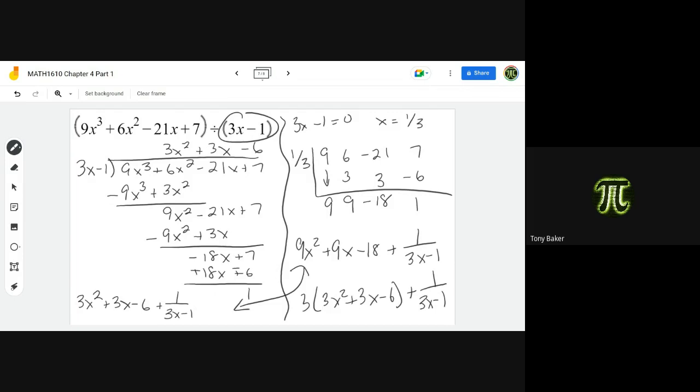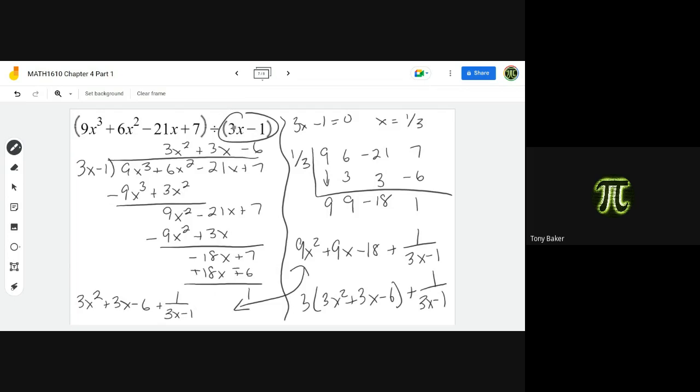So 3x minus 1 is actually the same as x minus 1/3. But when you're dividing them, the 3 isn't in front. So it changes the quotient a little bit, but it's still the same division. So while they look slightly different, it's off by a constant, which is fine. Okay. So you can do this problem either way and get the right answer.